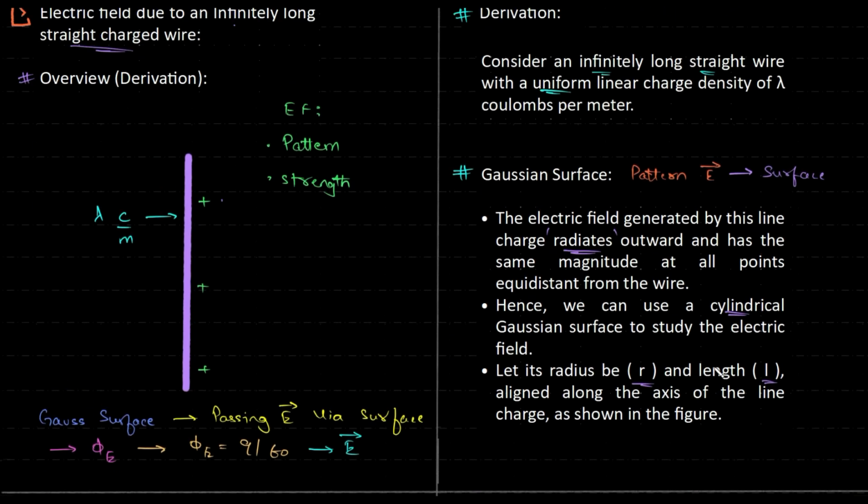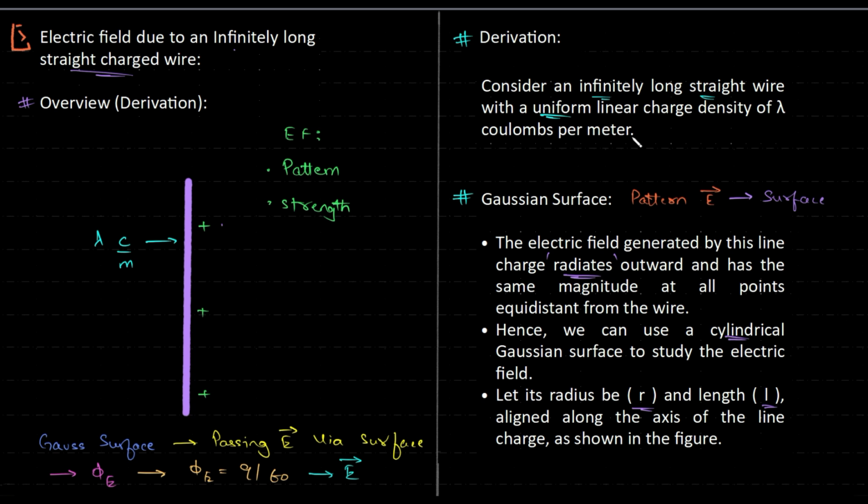So guys, the main funda here is to understand that we can derive a very complicated scenario using Gauss theorem and surfaces. The very first thing is choosing the Gaussian surface. For that we need to know the pattern of electric field lines produced by that structure.